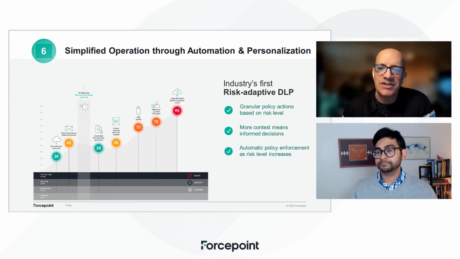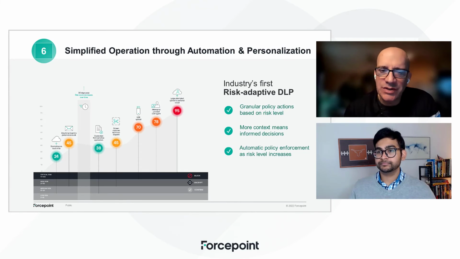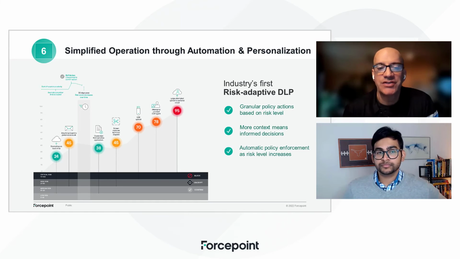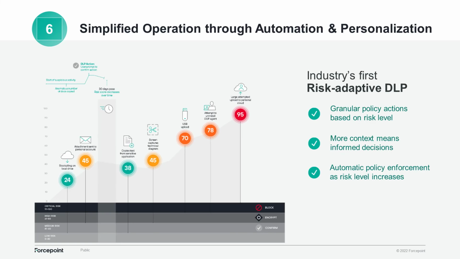Yeah, it's interesting, this way of watching the user. Within this illustration, this is the first 30 days, where, like you mentioned, they're stockpiling on a USB drive. This is on a local drive. Then they sent some attachments to a personal account, which raised their risk score.